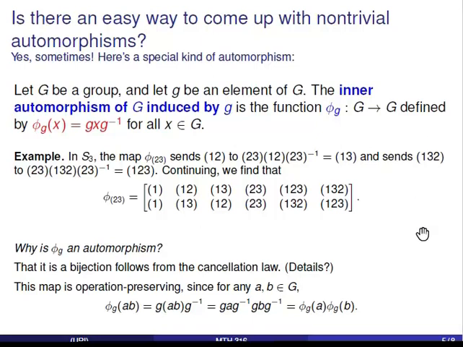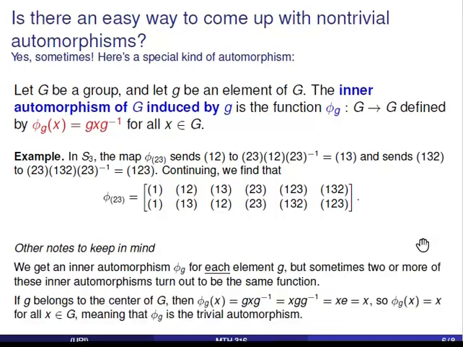Now, keep in mind that we can do this conjugation by any element little g of the group, and we will always get an automorphism. However, it is possible that conjugating by two different little g's could end up producing the same automorphism. In fact, all elements of the center of G will produce the same inner automorphism.